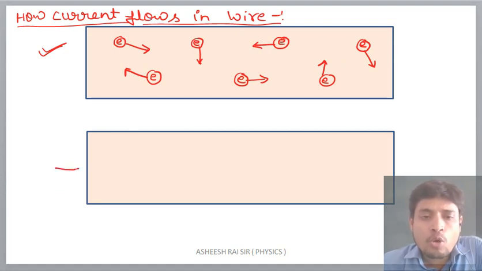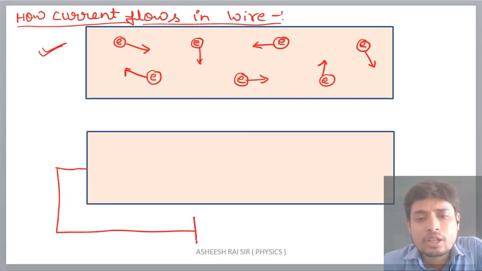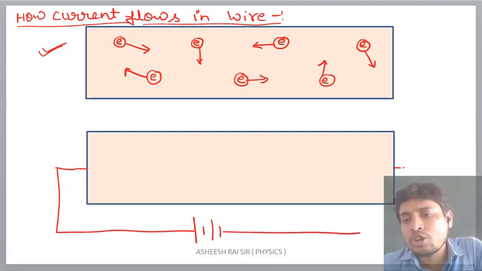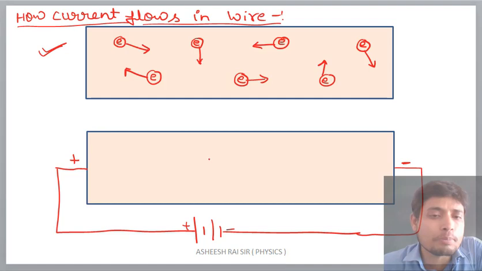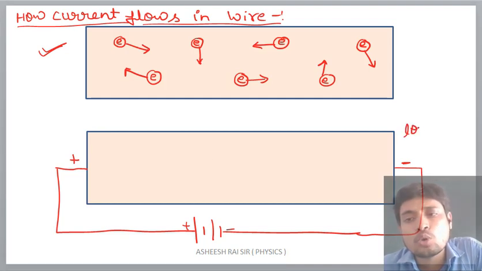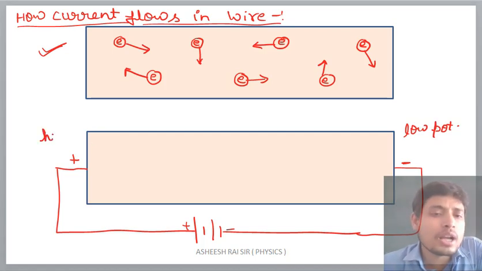But when we connect the wire with the battery or cell, one end will be minus and the other will be plus. Minus means low potential and plus means high potential.